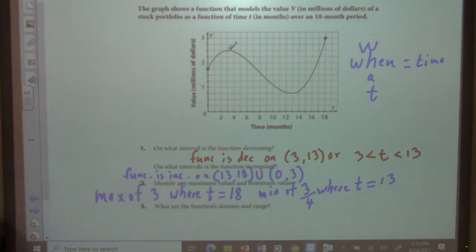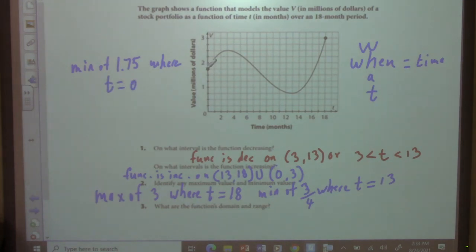Okay, and are there any other ones here? No, I think that's it. Okay, you still have a minimum of 1.75 where t is equal to 0, right?